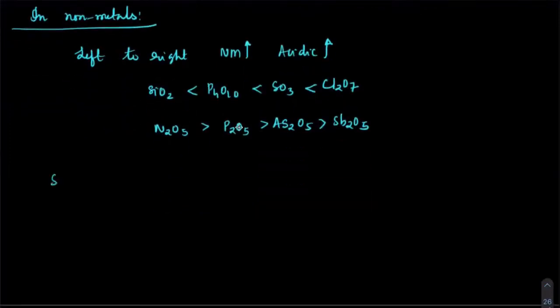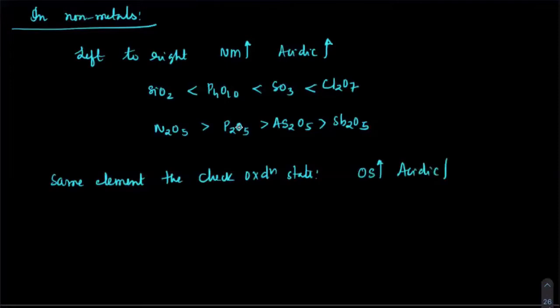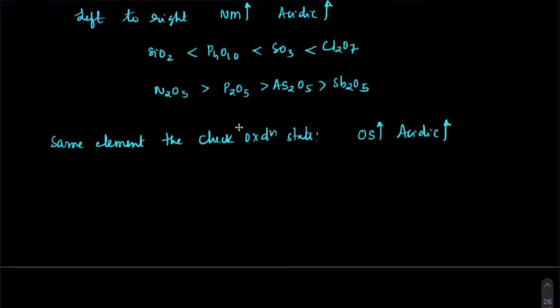Now, if you have the same element, then check oxidation state. If oxidation state increases, acidic character increases. Got it? Which is N2O3, N2O4, and N2O5.